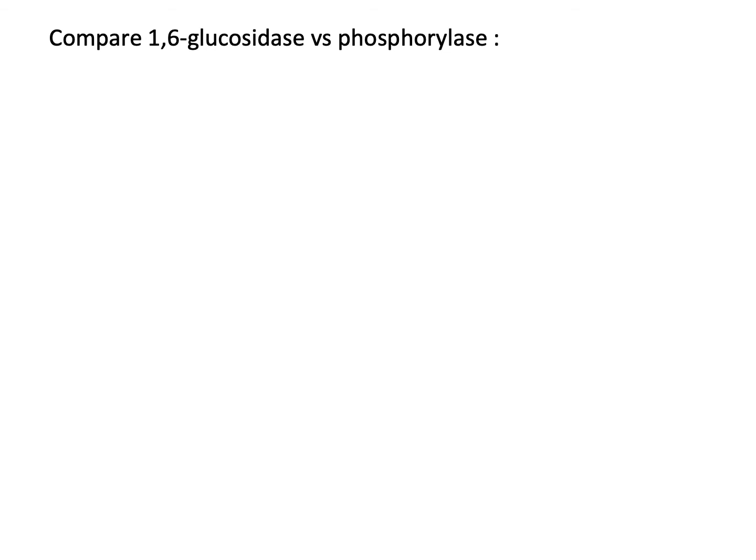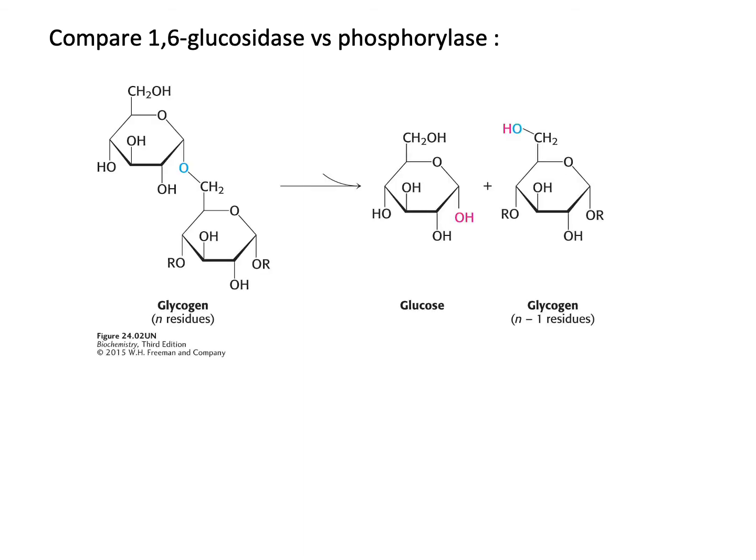Let's compare how alpha-1,6 glucosidase works versus phosphorylase. From the last slide, we saw that at the point when there's only one glucosyl residue left, it is linked by alpha-1,6 linkage to the glycogen.